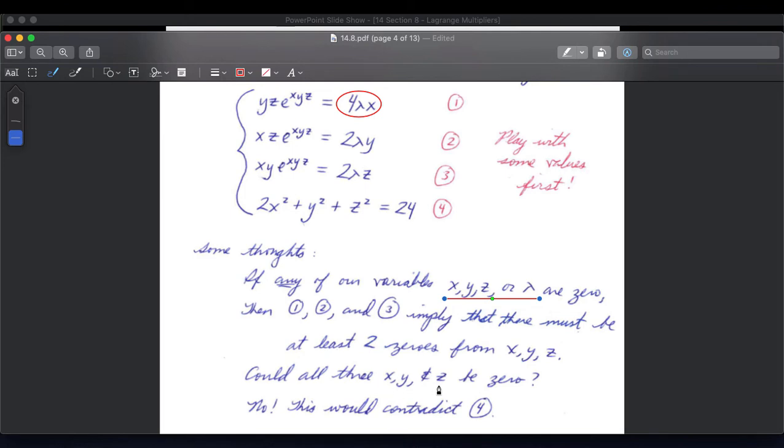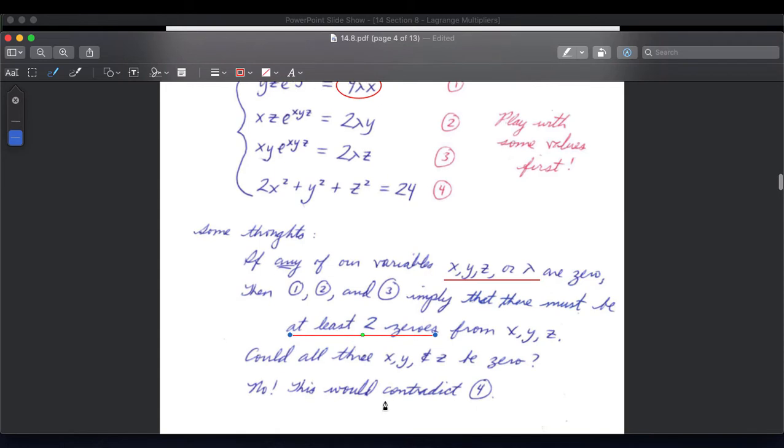So not all three can be 0. However, we did prove that at least two zeros are going to come from either x, y, or z. So at least two of these would be 0. That's true. And by the way, this is just one possibility on how to initially solve this problem here.